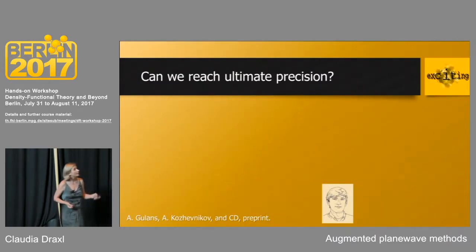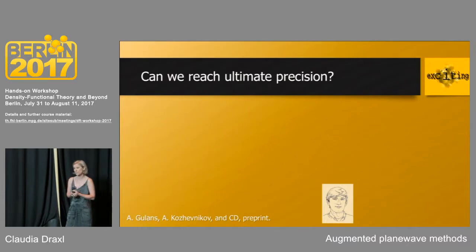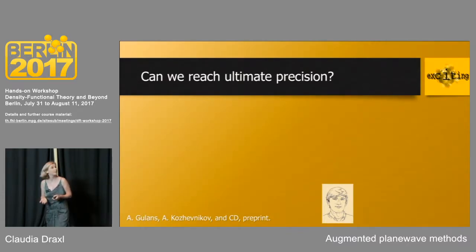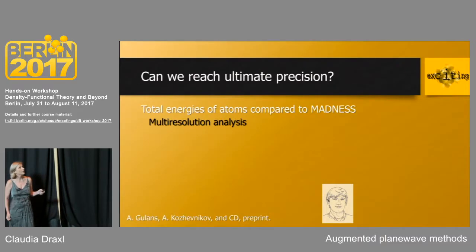So Andres wanted to ask the question, can we reach this ultimate precision? I mean, we have so many different numerical bits and pieces to solve, and how precise can we be? So he computed total energies of atoms and compared them to MADNESS.